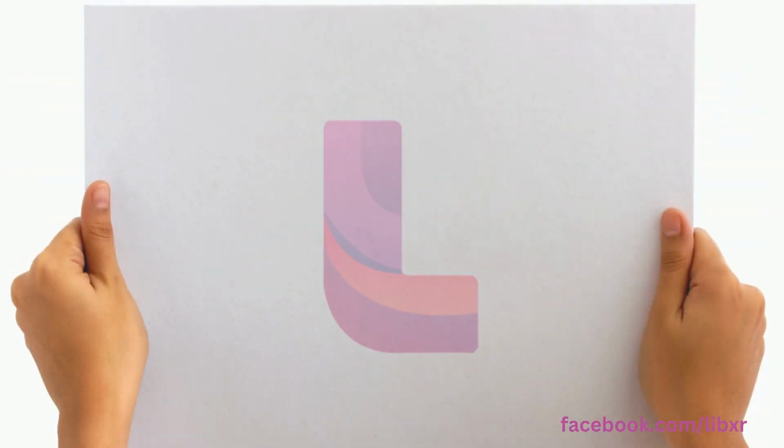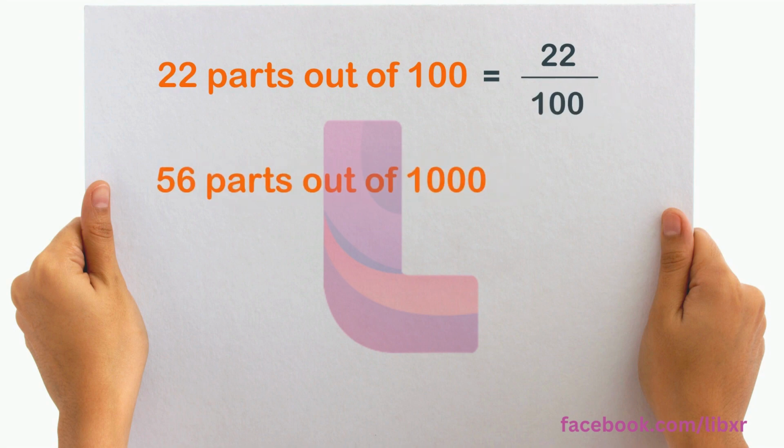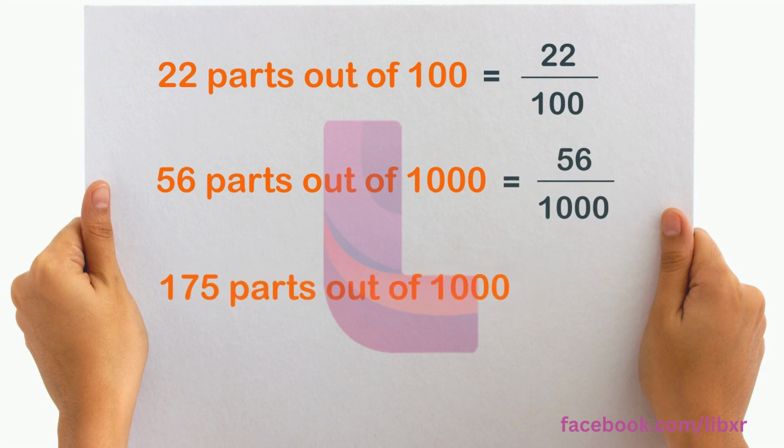Similarly, 22 parts out of 100 will be 22 by 100. 56 parts out of 1000 will be 56 by 1000. 175 parts out of 1000 will be 175 by 1000. All 4 of these are decimal fractions.